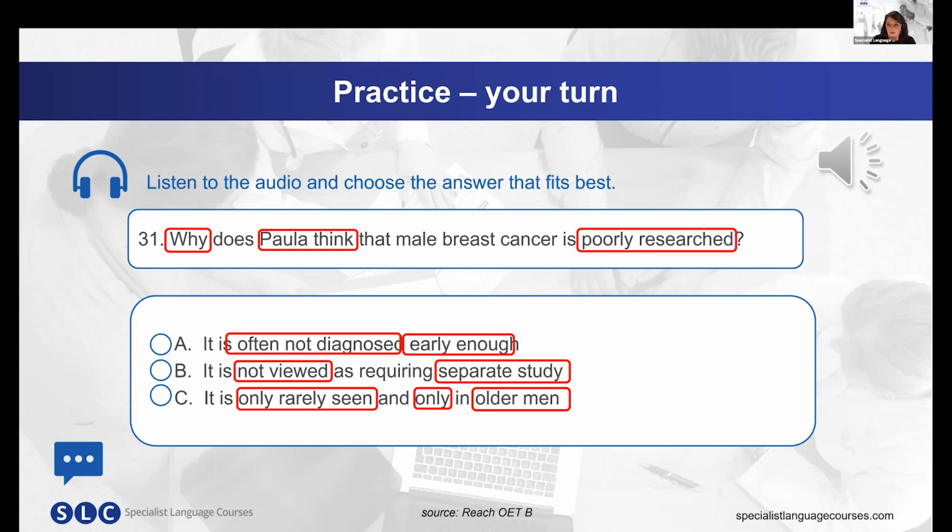Okay, great. So decide on your answer, A, B, or C, and put it into the chat box. Now remember, you can also discount answers if you're sure that one of the answers is not correct. You can discount it and look at the other two.